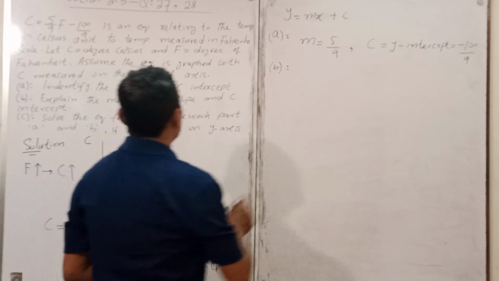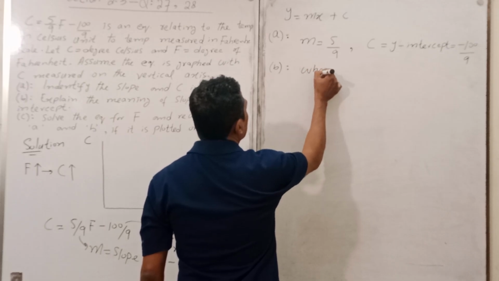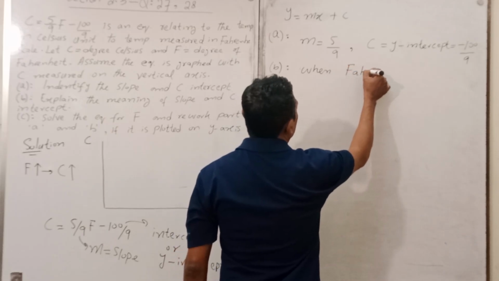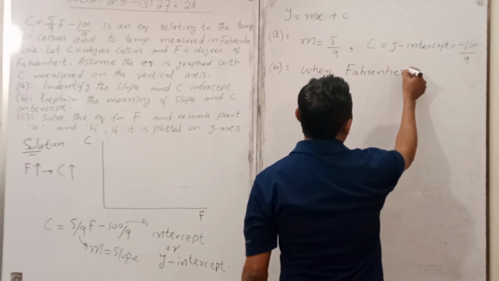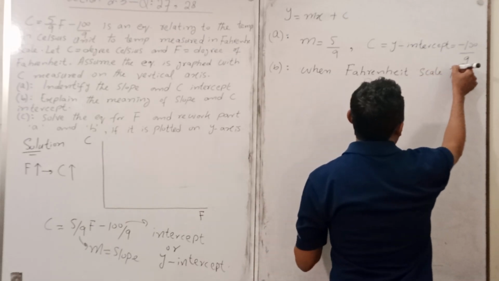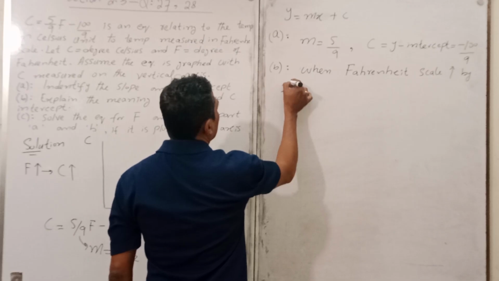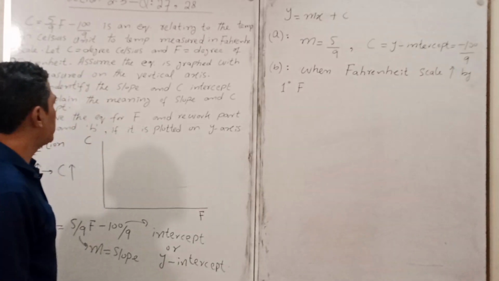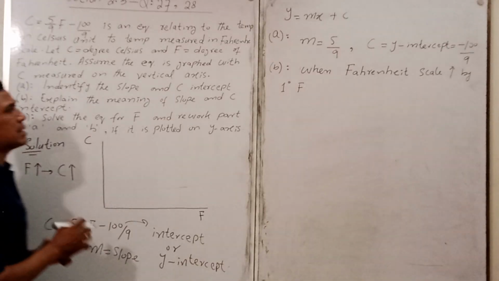When the Fahrenheit scale increases by 1 degree, 1 degree of Fahrenheit, what does it mean? The temperature in the Celsius scale.